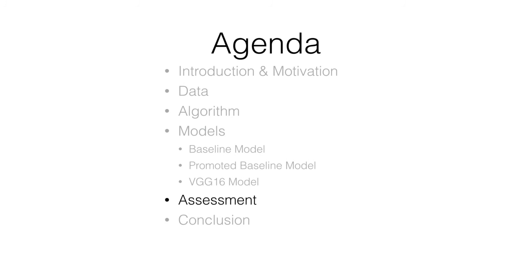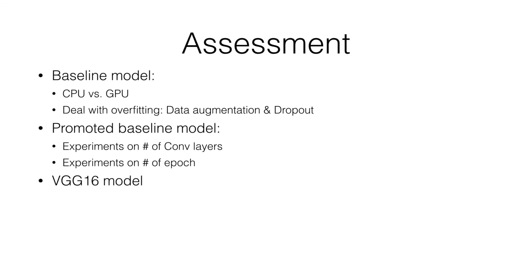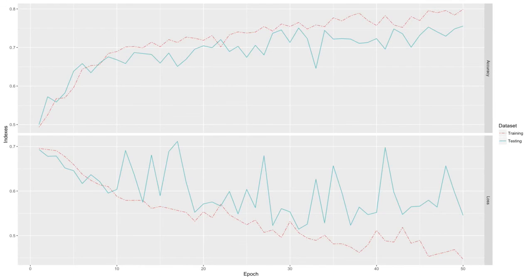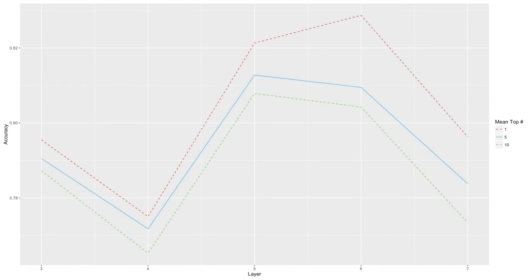And this is the assessment section. In the next few slides, we will assess the models, and next we will talk about a few of them. Accuracy increases as epochs grow as we train the ConvNet, and the loss index drops. When we compare models with different layers, we find the ConvNet with 5 layers works best.